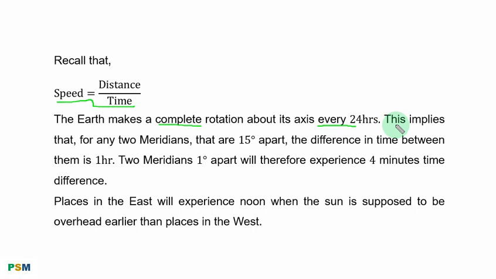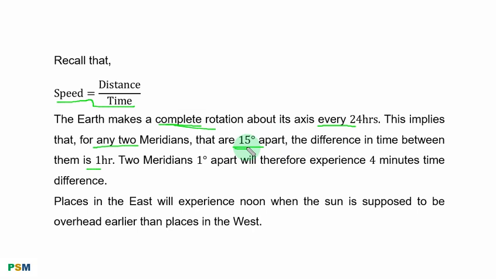This implies that for any 2 meridians that are 15 degrees apart, the difference in time between them is 1 hour. This is the meaning. To get this 15 degrees, if you divide the complete rotation, 360 degrees, by 24, you have 15 degrees.